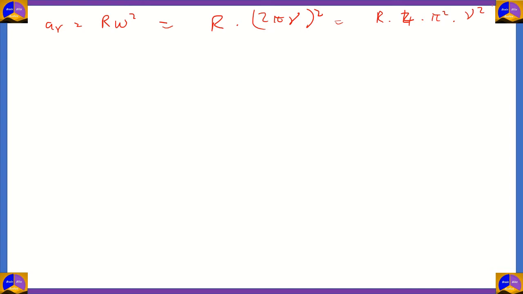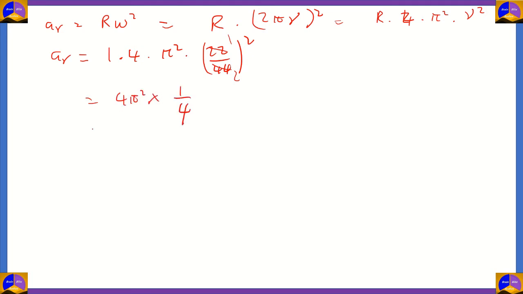That is the frequency squared. So AR will now be equal to the value of radius, which is 1, then you have 4, then you have pi squared, and the value of the frequency is 22 by 44, the whole square. 22 by 44 can be written down as 1 by 2. So you have 4 pi squared into 1 by 4. So therefore, the value of the radial acceleration is pi squared.